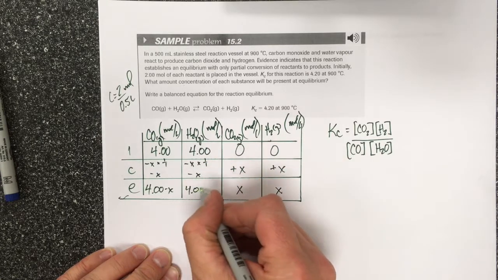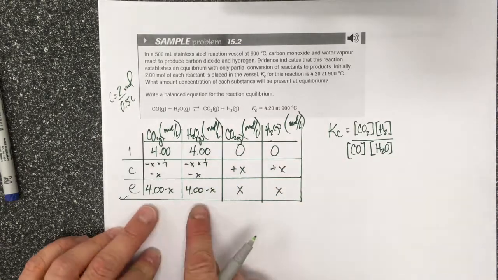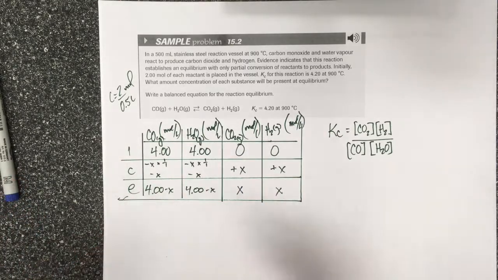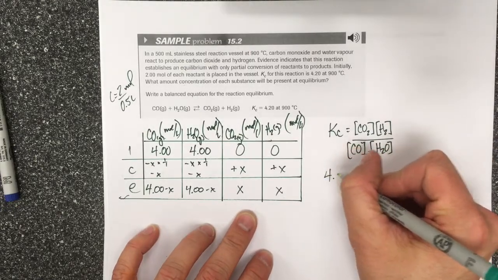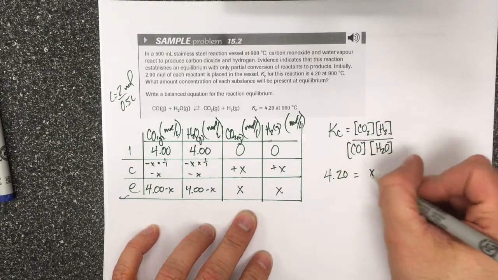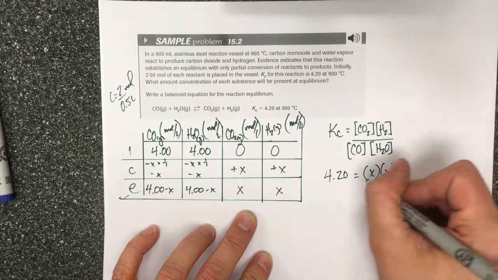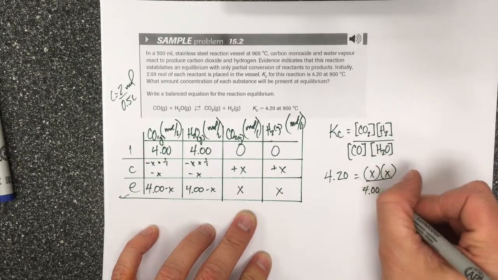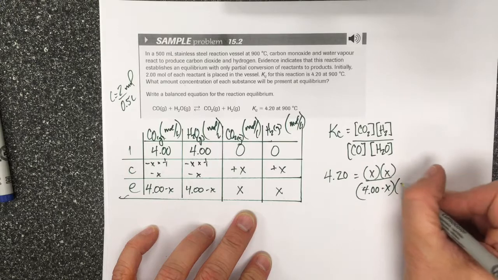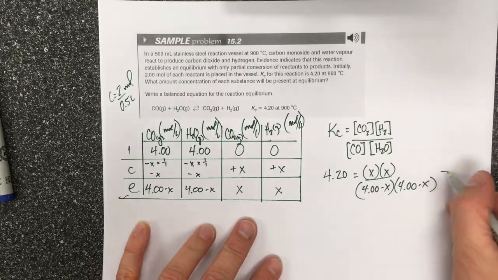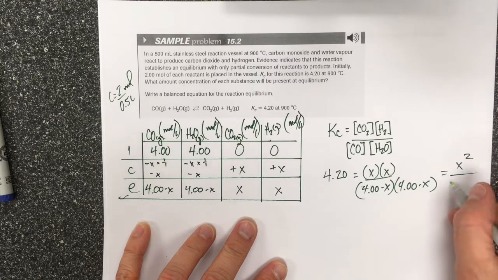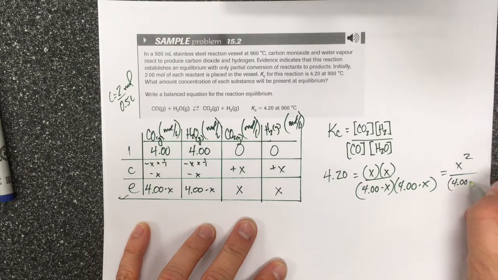This is 4.00 minus x. So both of my reactants are going to be decreased by x, and I'm going to produce x in my products. So my Kc, which is 4.20, will equal x times x over 4.00 minus x times 4.00 minus x. So this equals x squared over 4.00 minus x, all squared.